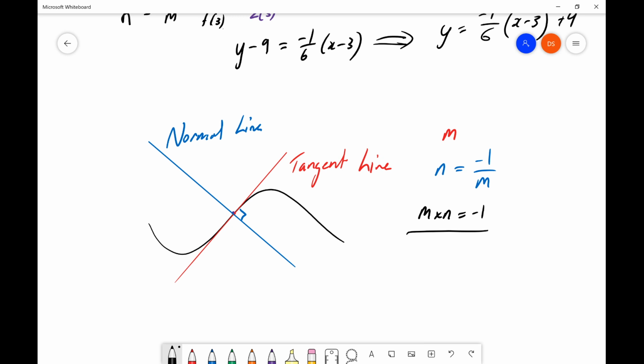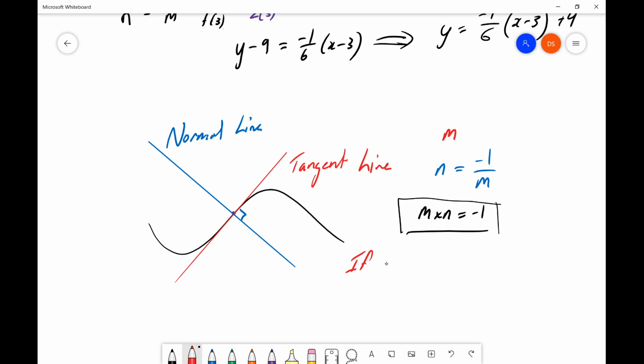So here, this relationship of two things multiplying together to give you -1 is really important, because if two gradients multiply together to get -1, I'm going to write that.